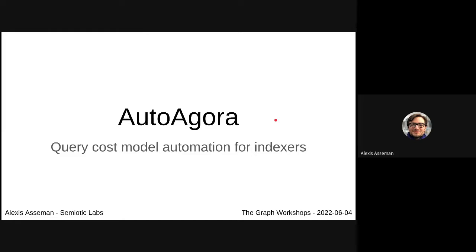I'm from Labs, and I'm going to talk about AutoAgora, which is a cost model automation tool for indexers that we've been working on for the past few months.